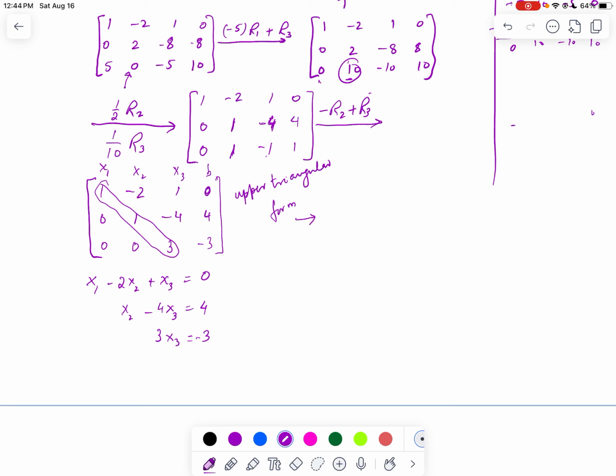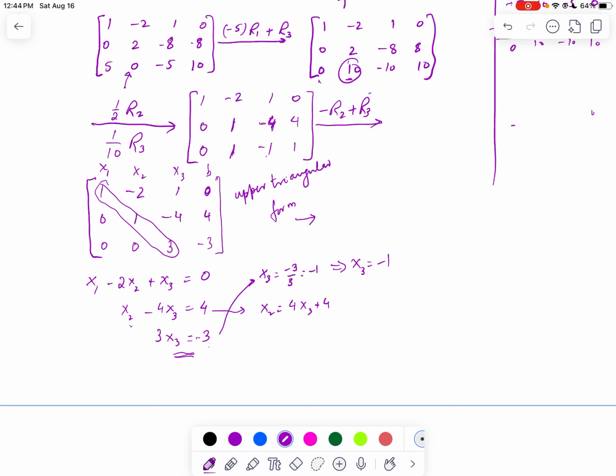So now you see again this is also like upper triangular form. We can start from here. From this equation, we get x3 equals negative 3 over 3, which is negative 1. So this gives us x3 is negative 1. Now we take this value and substitute it. This one is giving me x2 equals 4x3 plus 4.